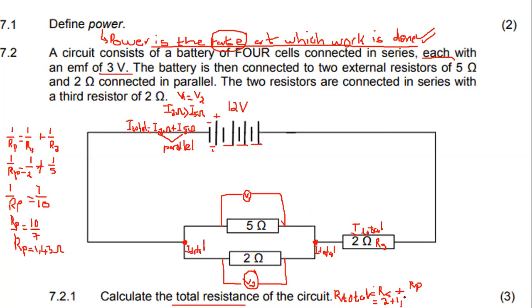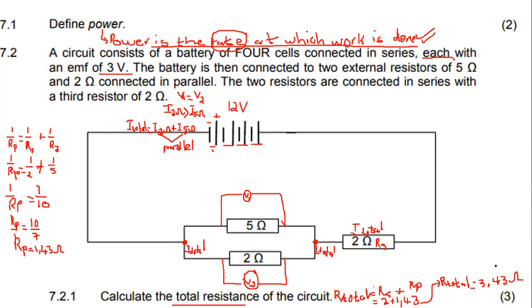So this is going to be plus 1,43. And in totality, when you write it, it will go down altogether. So we are going to say R total is equal to 3,43 ohms.